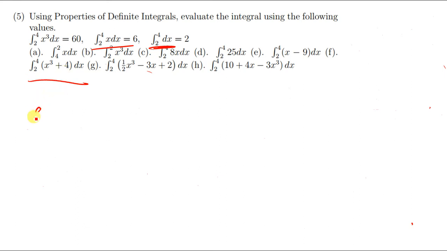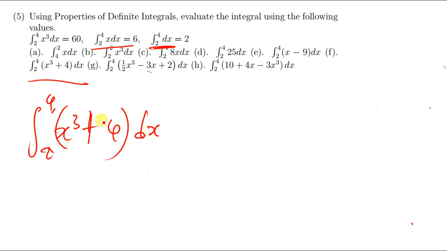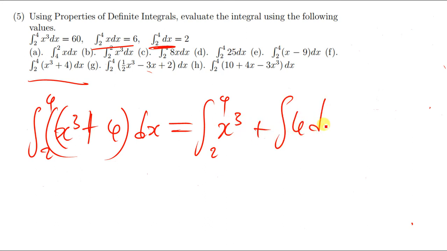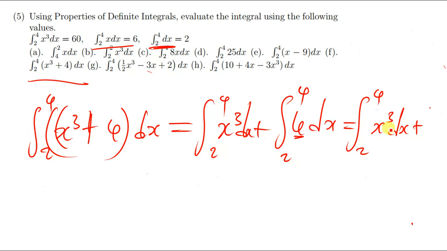So this one is just the same as what we have just been finding. This can also be written as the integral on the limits 4 and 2 of x cubed dx plus the integral of 4 dx. So this one can further be simplified, then this 4 can be factorized out, so I'm going to have 4 times the integral on the limits 4 and 2 of dx.